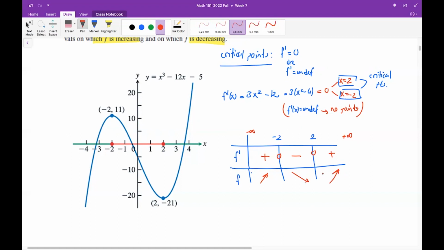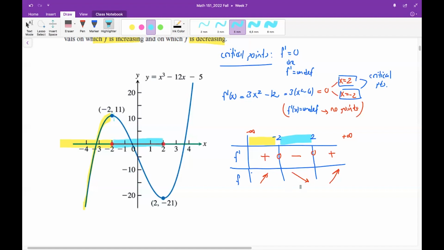We can check this information and verify it from the graph. This is the first interval from minus infinity to minus 2, it is here. And you can see that your function is increasing over that interval. Next, over this interval, minus 2 to 2, it corresponds to here.